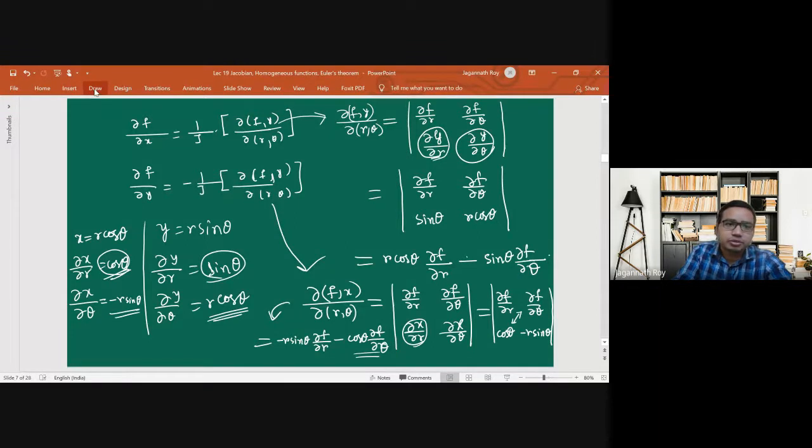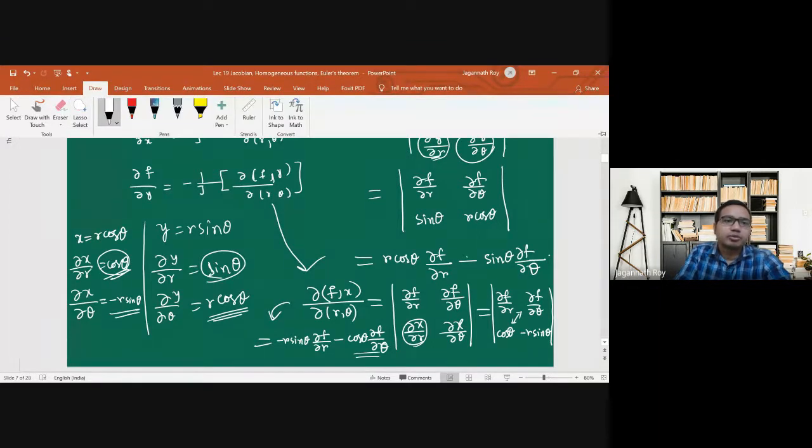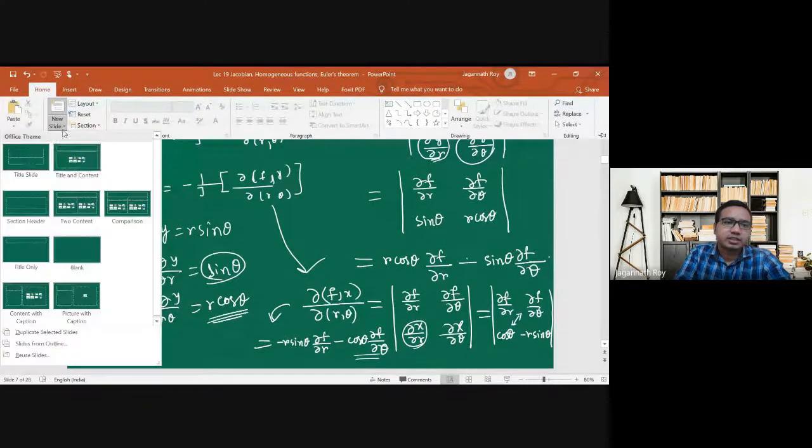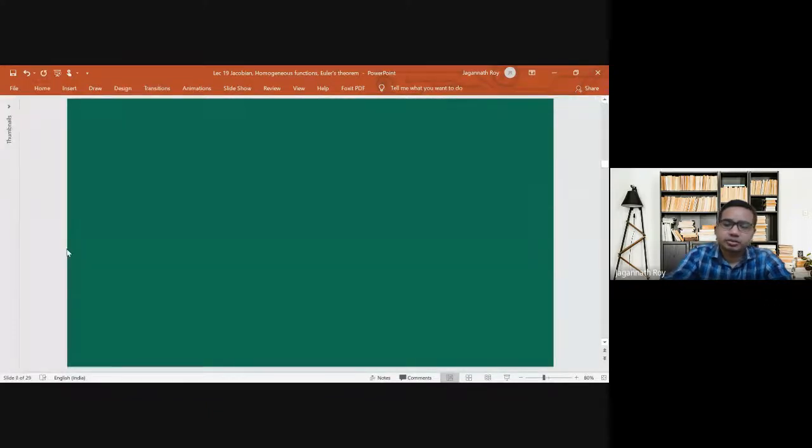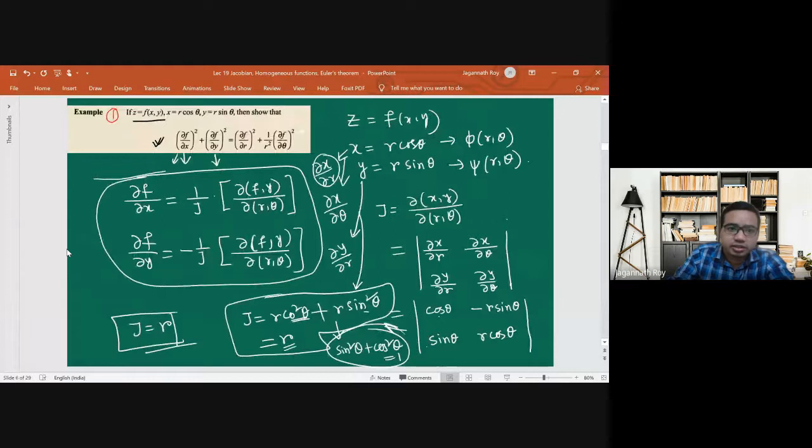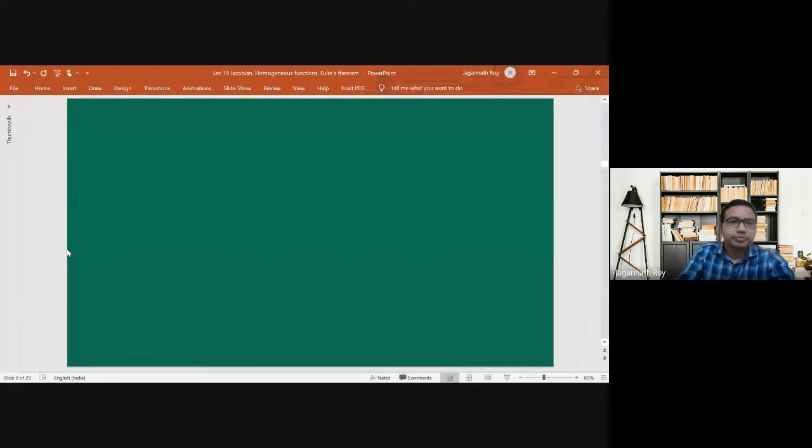So with these values, we'll try to find out whatever is asked to calculate. We have to calculate del f del x whole square plus del f del y whole square. Okay, let us calculate. Del f del x is 1 by j into del f del y into del r theta.